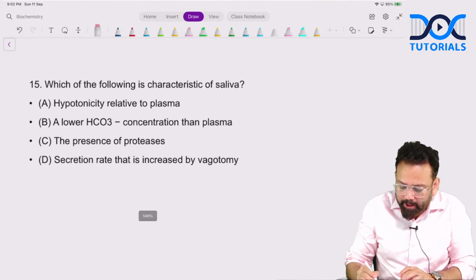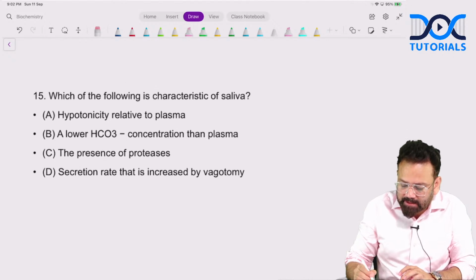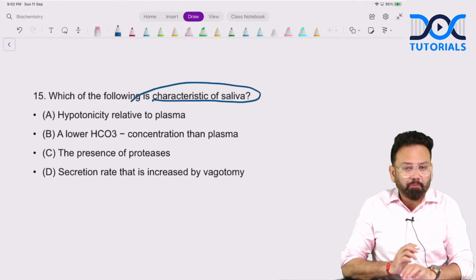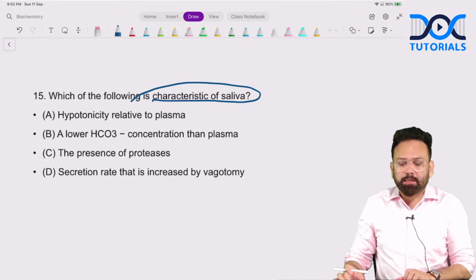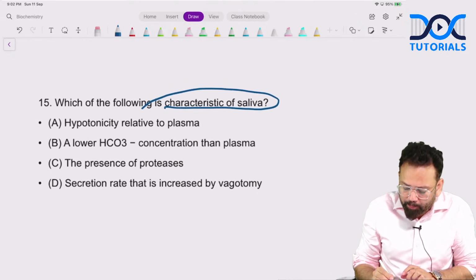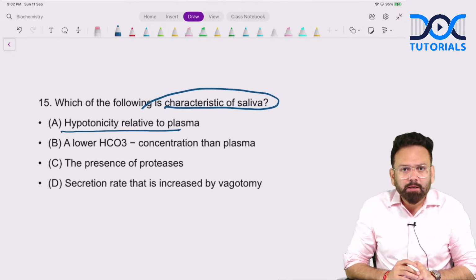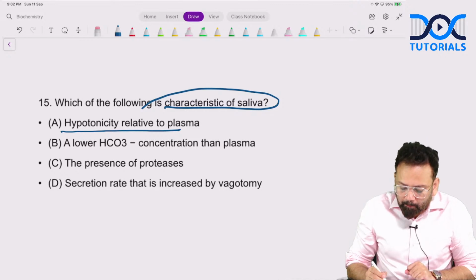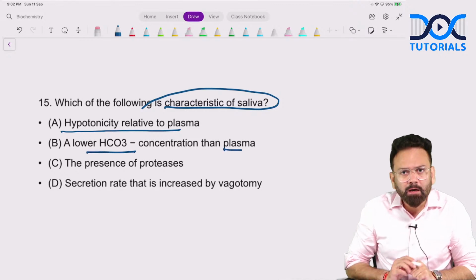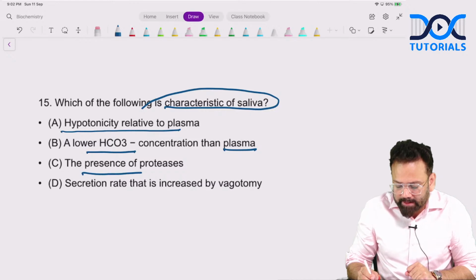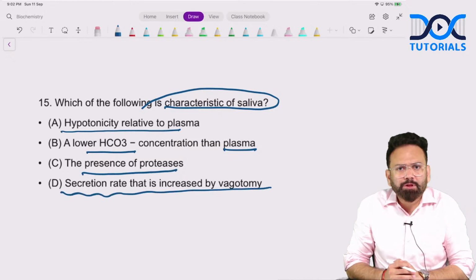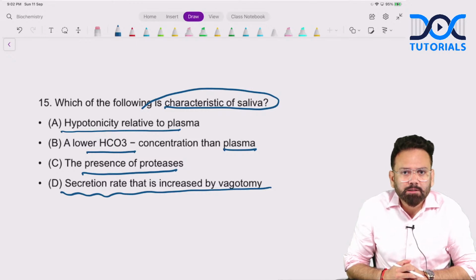Which of the following is characteristic of saliva? It is hypotonic to the plasma. Yes or no? Bicarbonate is less than plasma. Presence of protease, or secretion rate is increased by vagotomy. Which is correct regarding salivary secretion?